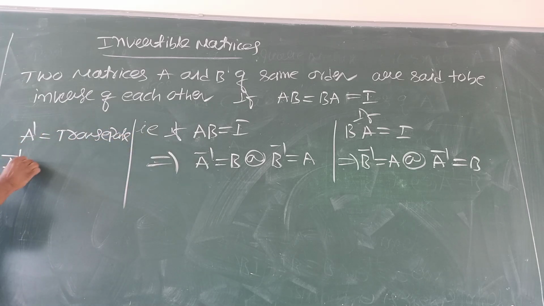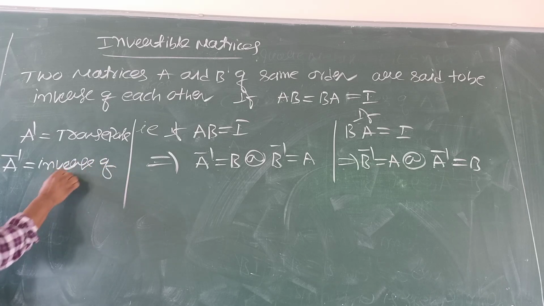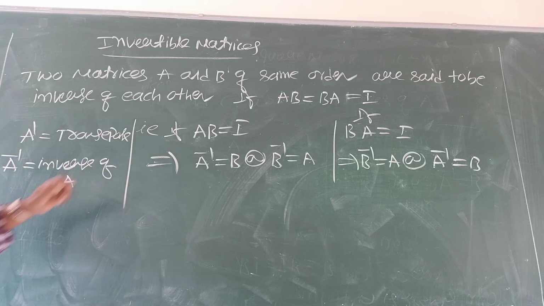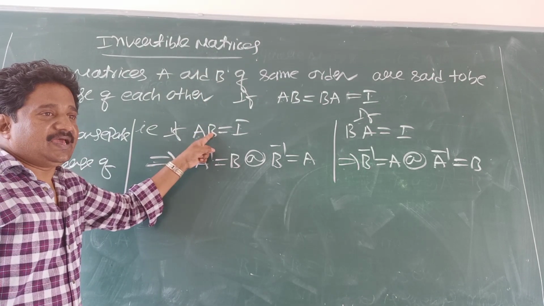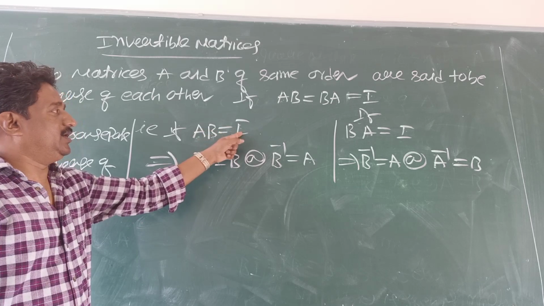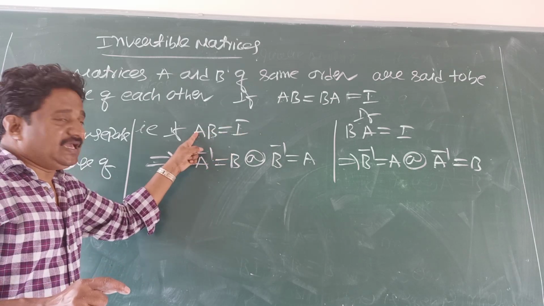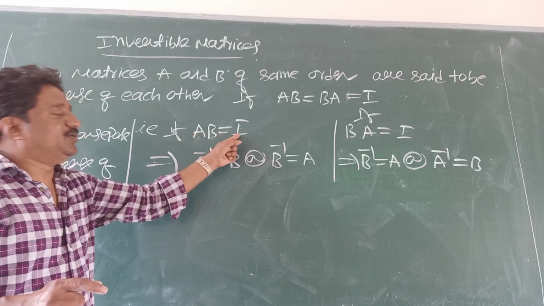If I write A power minus 1, that means inverse of A. We say B is inverse of A only when AB is equal to I. We say A is inverse of B only when their product is equal to I.